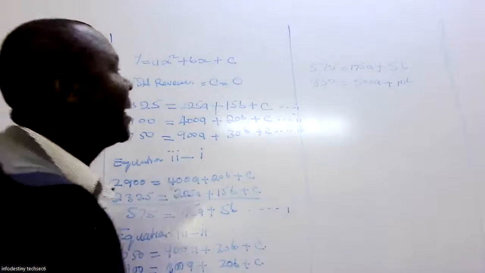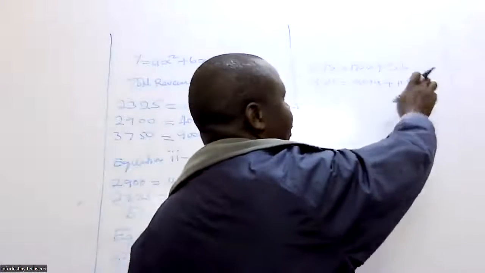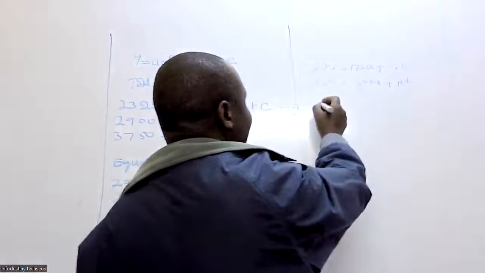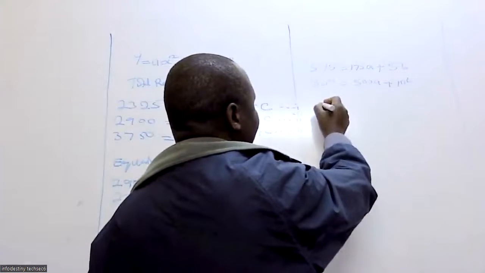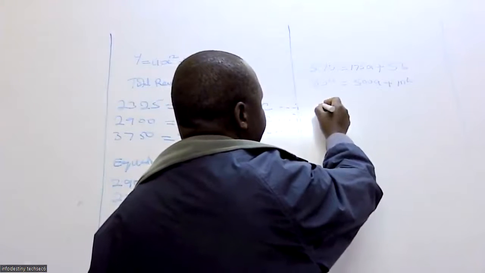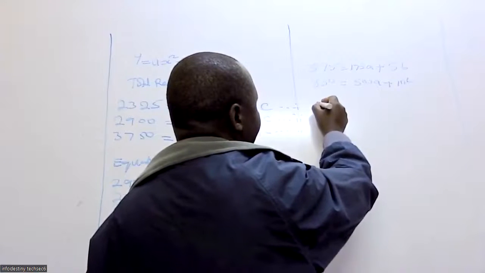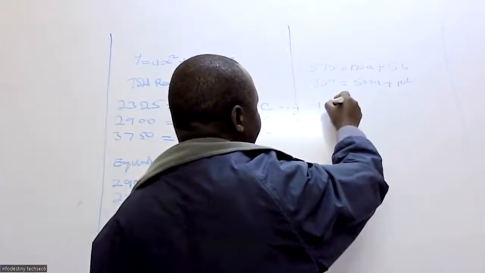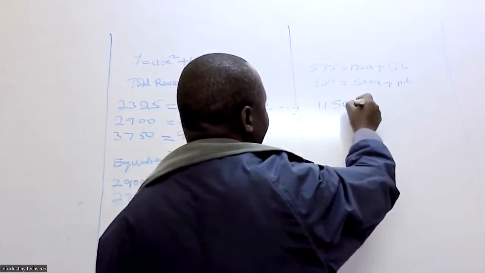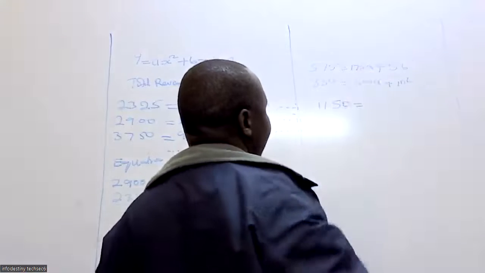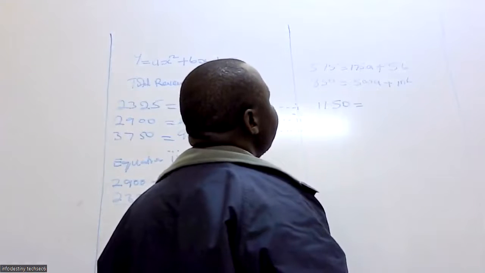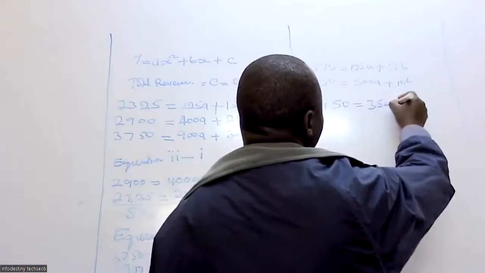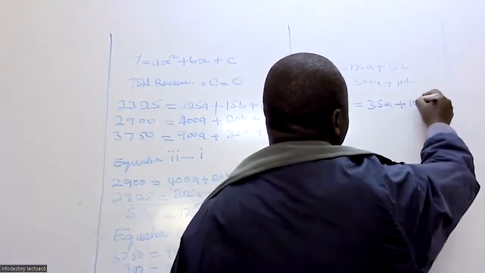So what do we do? We multiply this one, the first equation, by 2 to eliminate this. So when you multiply this one by 2, it's going to give us what? This times 2? 1150 equals to 350A plus 10B.